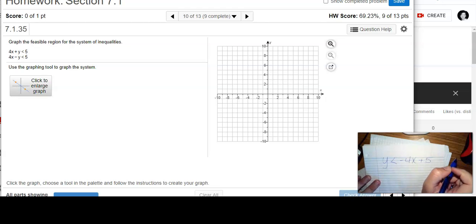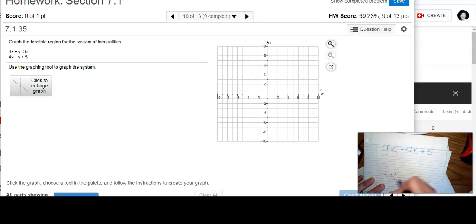And then I've got negative y is less than negative 4x plus 5. On both of them, all I did was subtract 4x. But this one needs some help because I need to flip all my signs. So y is now greater than positive 4x minus 5.